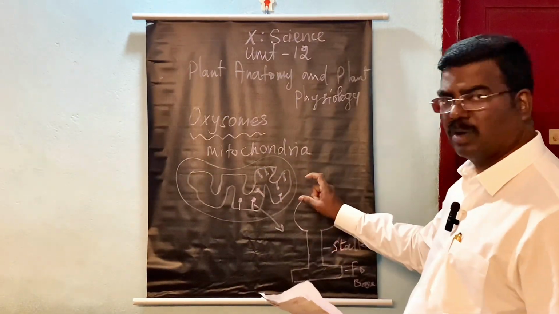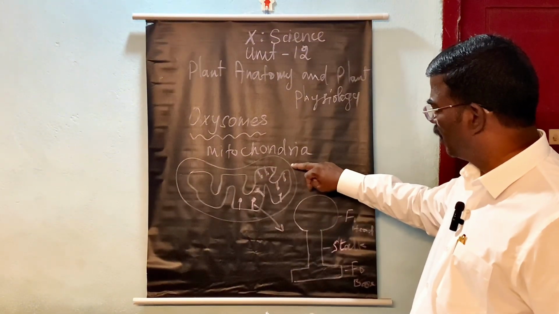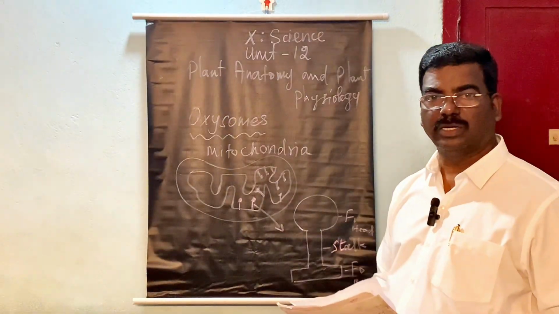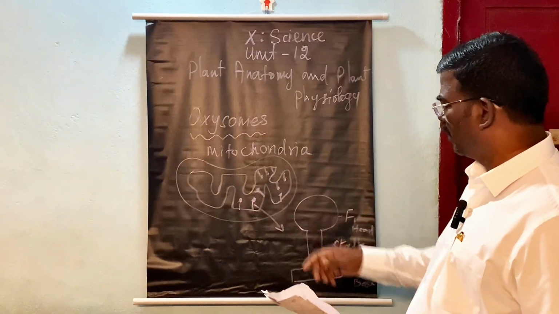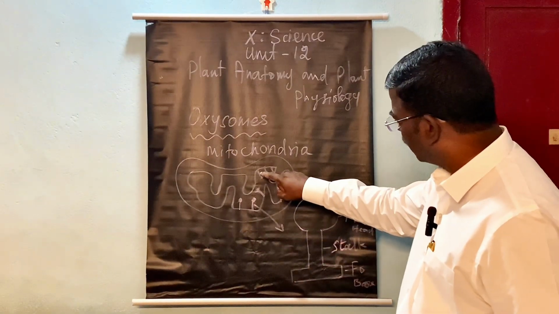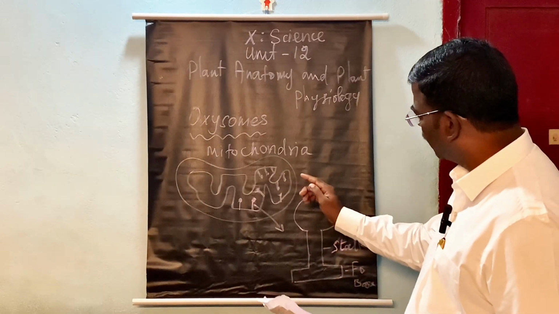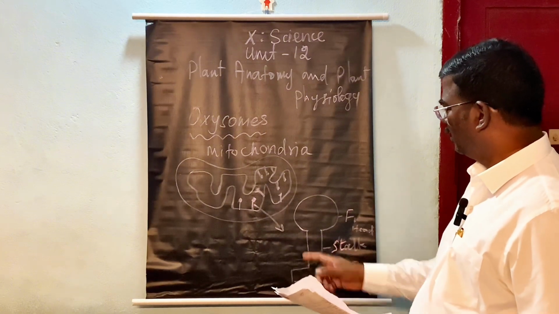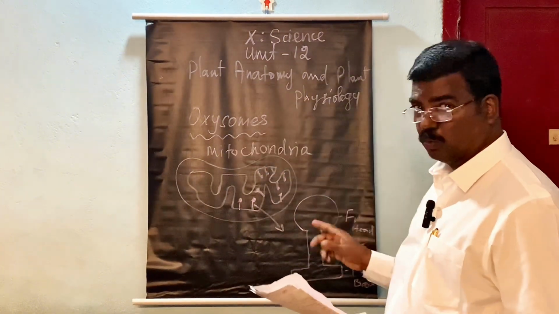This mitochondria is made up of 2 membranes, one membrane is called the outer membrane and the other is called the inner membrane. When you focus on this inner membrane, there are regularly spaced, tennis racket like structures. That tennis racket like structure is called oxysomes.